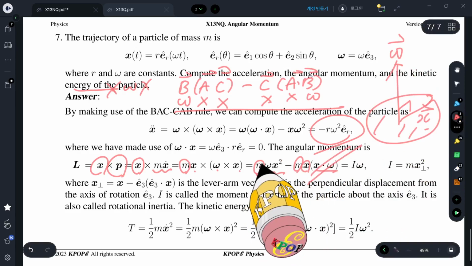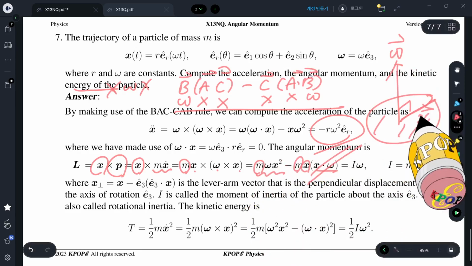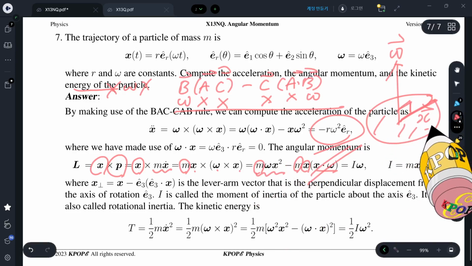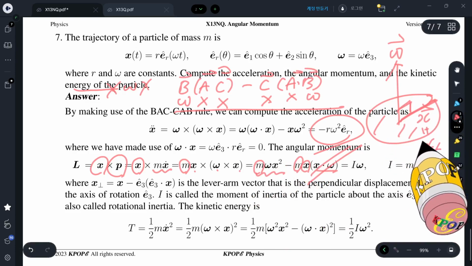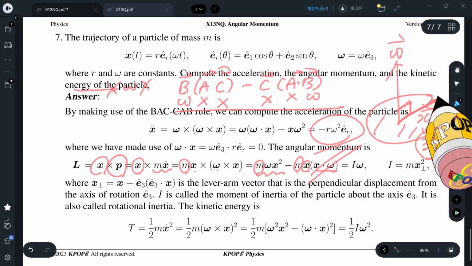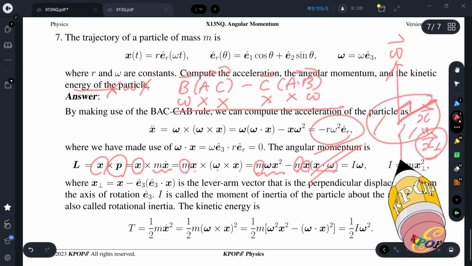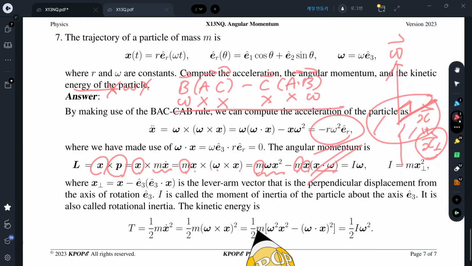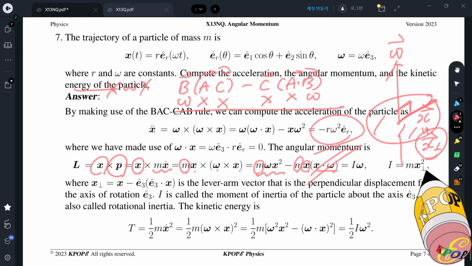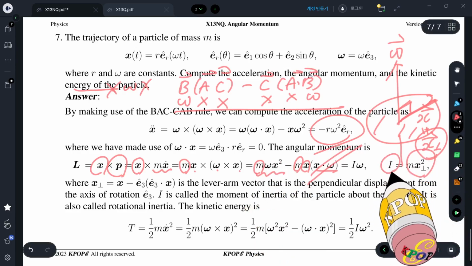We have m x squared. This x is nothing but the perpendicular lever arm vector relative to the axis of rotation. So mass times lever arm squared is called moment of inertia or rotational inertia.